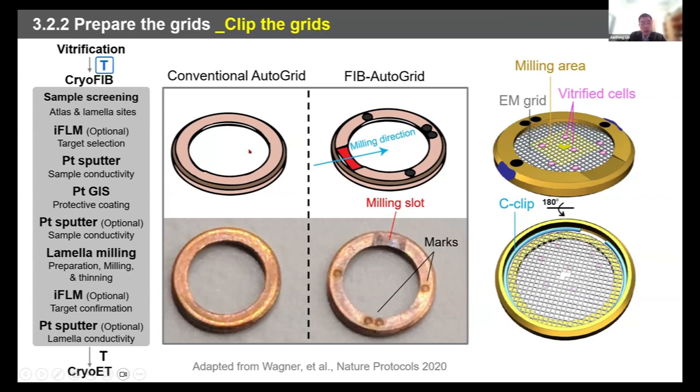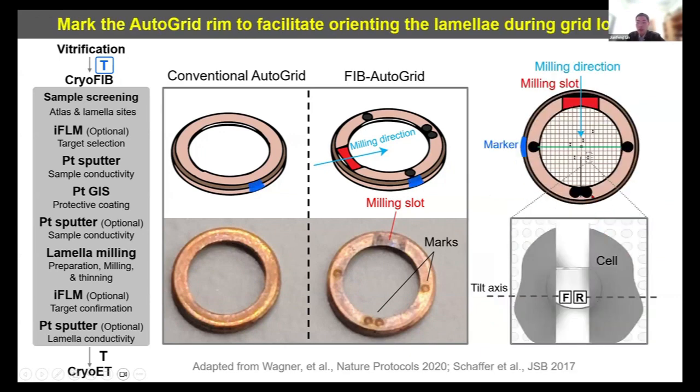But no matter which grid you are using, you want to make sure the side where you grow your sample, for example the vitrified cell, is facing up, towards the back side of the autogrid. Otherwise, the milling cannot be carried out efficiently if you grow the cell on the other side. In addition to the marker provided by the autogrid, we will add an additional marker, for example here on the side rim of the grid.